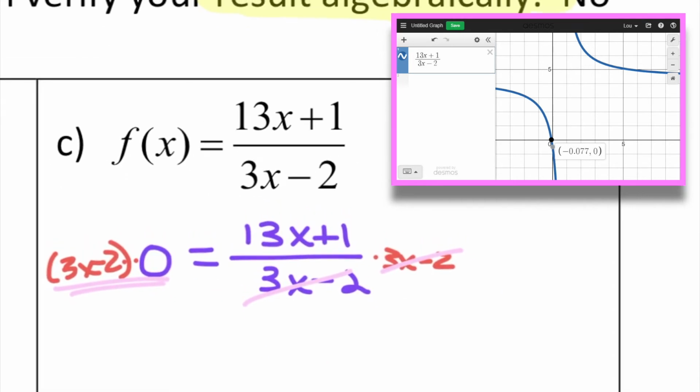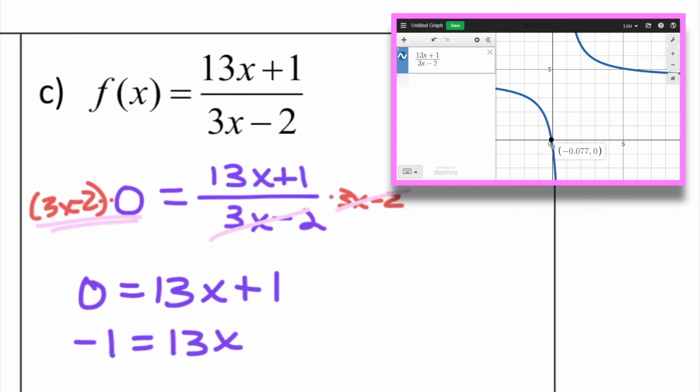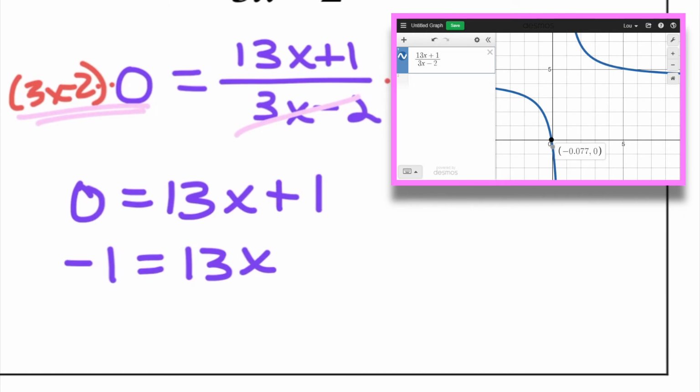So you end up with 0 equals just 13x plus 1. And that's linear, so just go ahead and solve that linear function, and you end up with x equals negative 1/13.